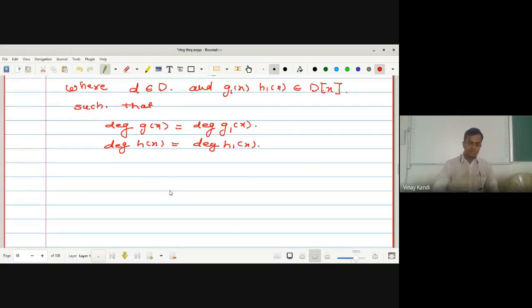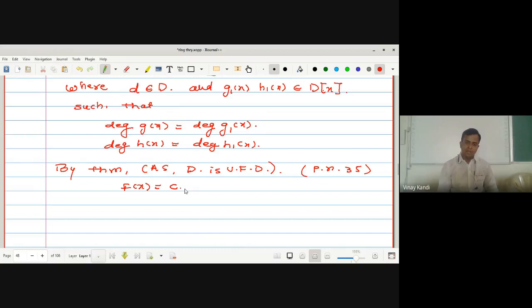Now look at here, by theorem, as D is a unique factorization domain. ओके, तुमच्या दिलेल्या नोट्स मध्ये पेज नंबर 35 ला हा थेरम आहे. तो घेतलाय आपण. Every polynomial of x we can write in the form of content and the polynomial p of x.